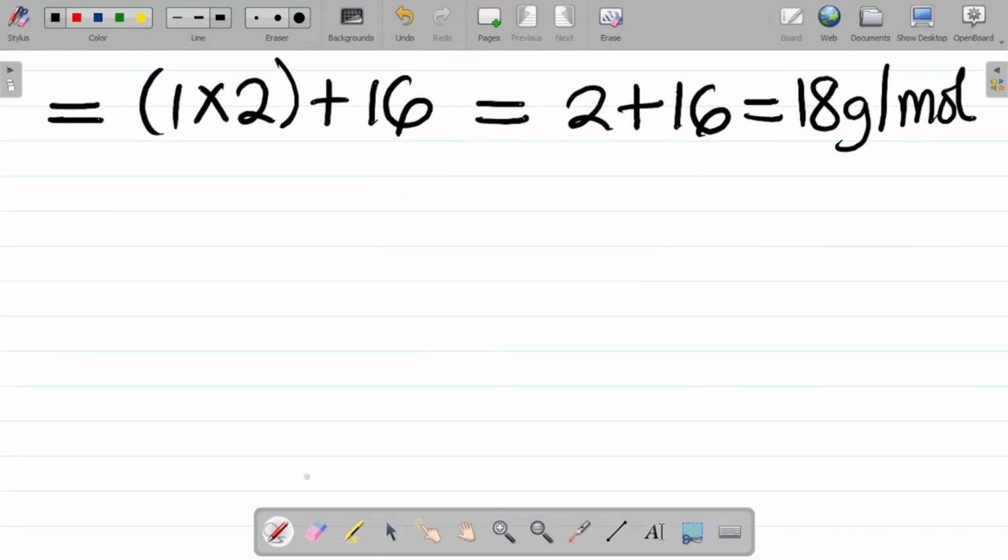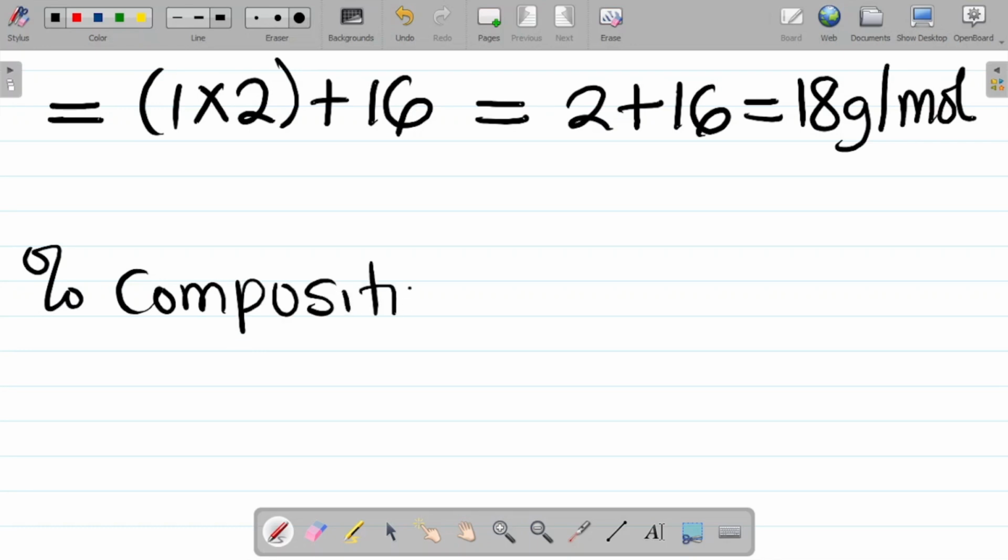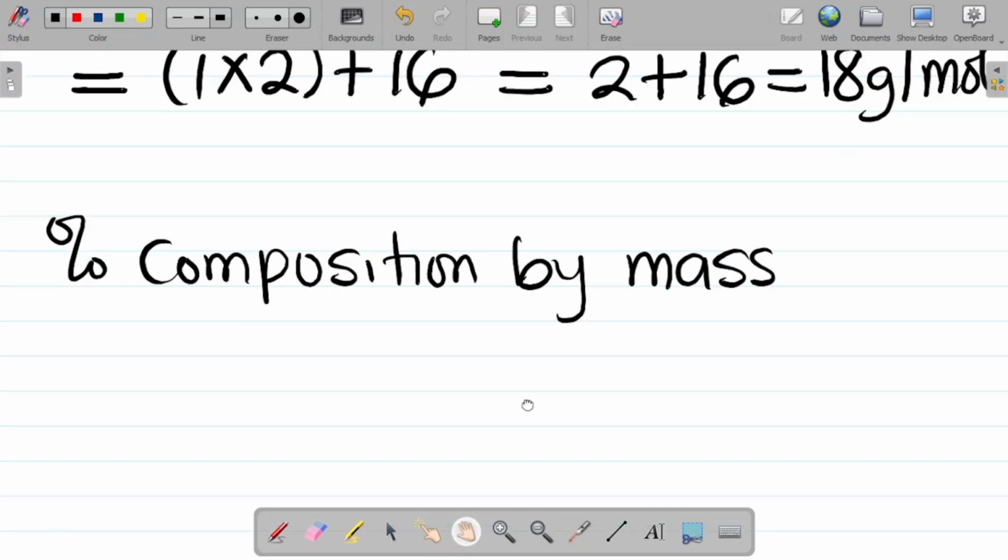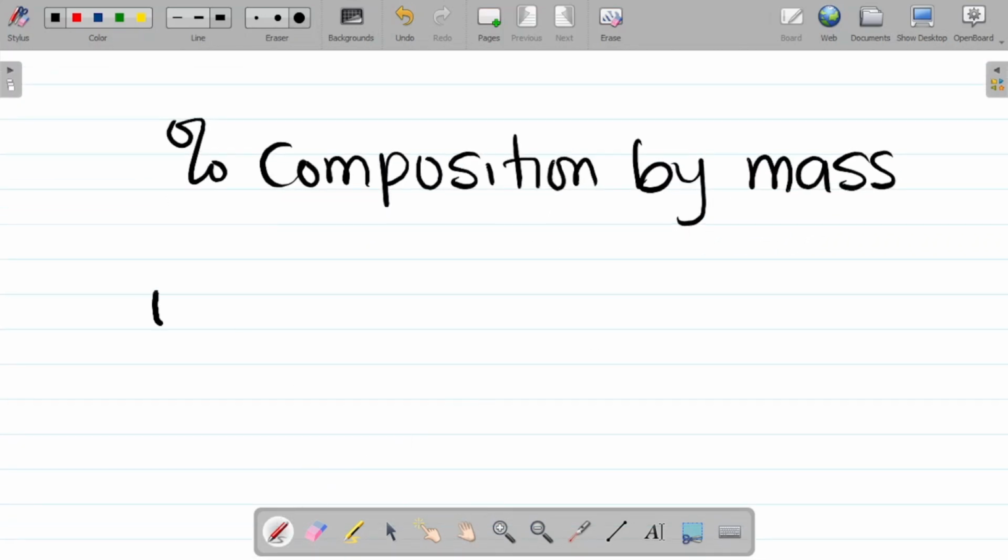Let's get the percentage composition by mass of each of the elements. Let's start with hydrogen. Before this, let's get your formula.